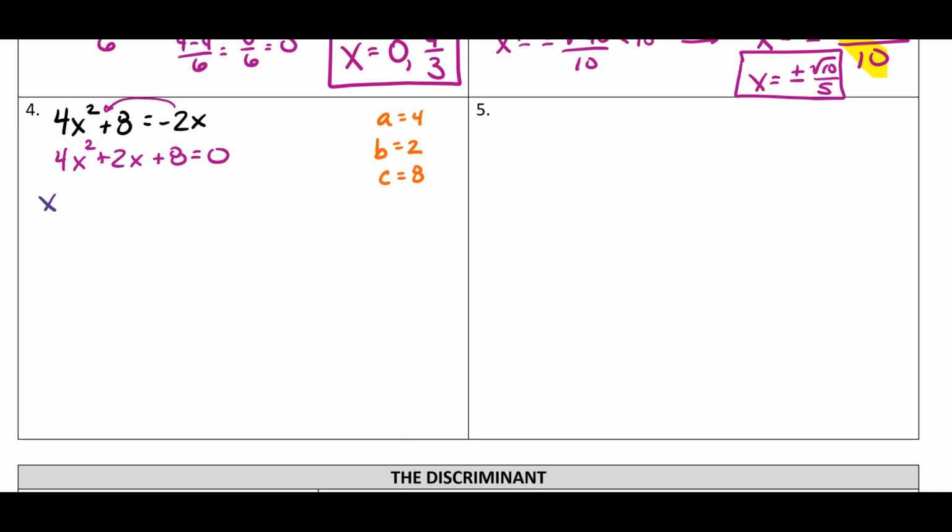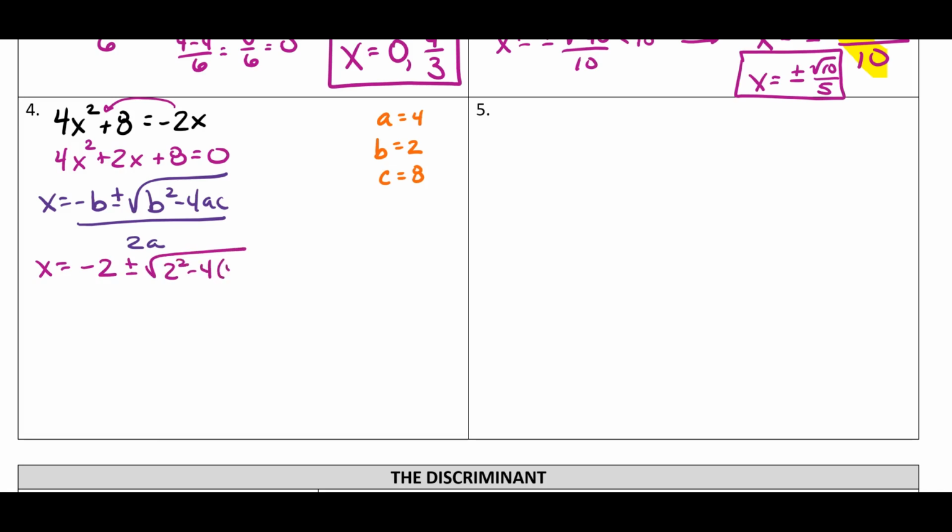So filling in our formula, hopefully by now you have it memorized. If not, no worries, we're going to sing a song tomorrow. So we're going to fill this in now. X equals negative 2 plus or minus the square root of 2 squared minus 4 times 4 times 8, all divided by 2 times 4.